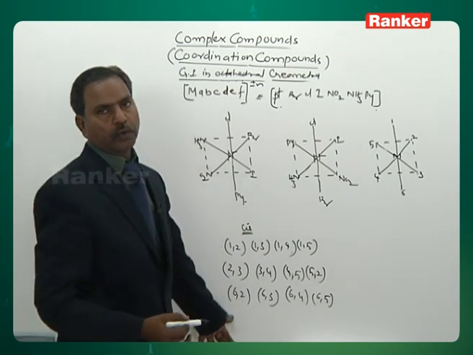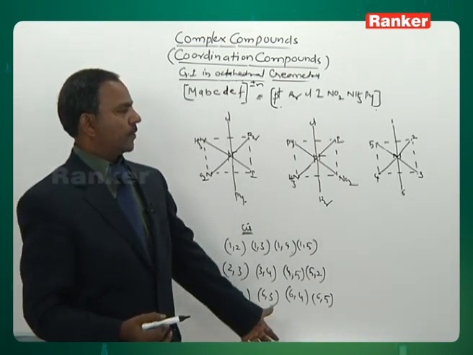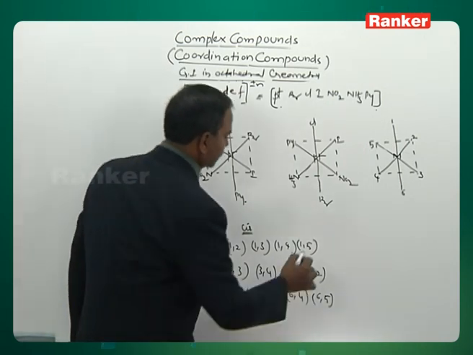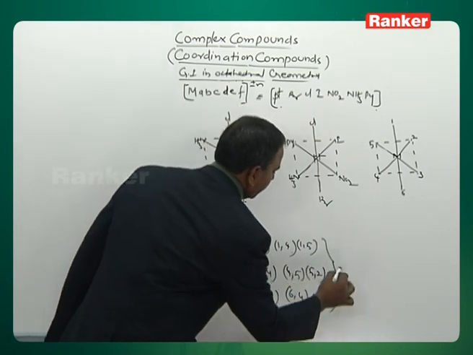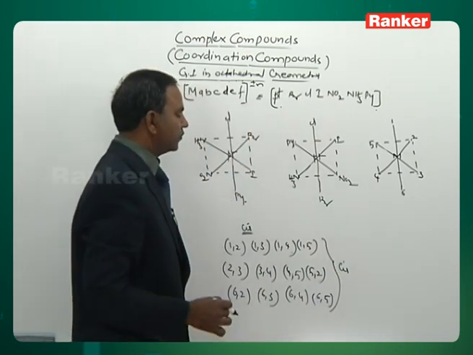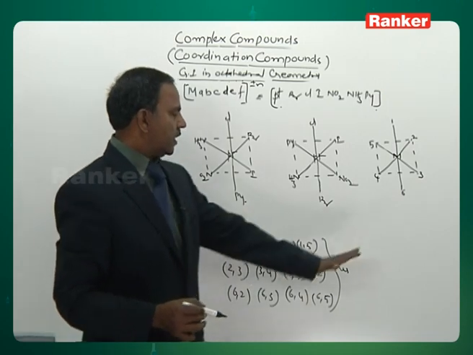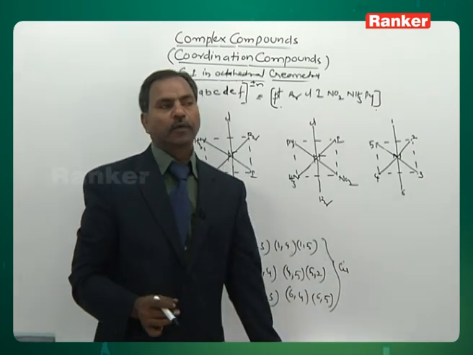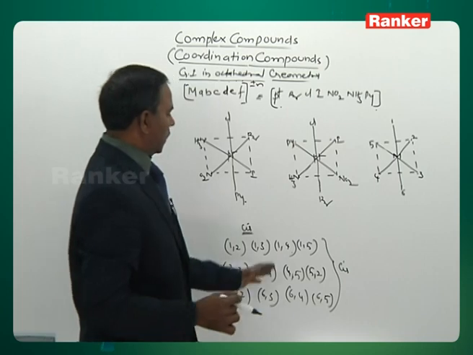All these 12 possibilities are cis. These are all the cis possibilities, 12 isomers. Next, trans: I said only 3.